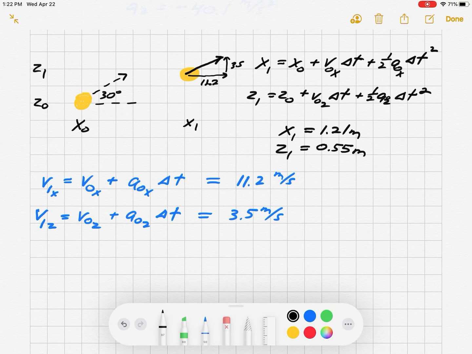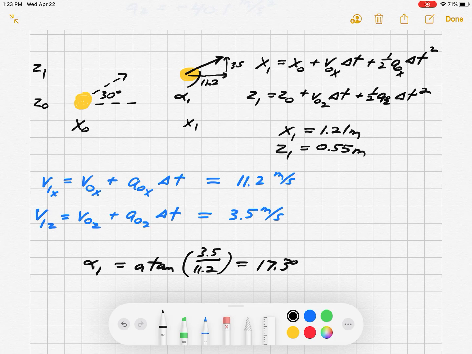So what we want to do is say that this angle here, alpha, let's call this alpha 1 since it's our next one. Alpha 1 is equal to the arctangent of 3.5 divided by 11.2, and if you do that, you get a number of 17.3 degrees, okay?